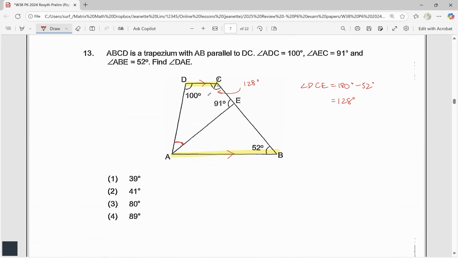Then in a quadrilateral, right, ADCE, in this quadrilateral, angles add up to 360 degrees. So you just need to minus all these three angles and you get this unknown angle of DAE. Okay, so, no calculators, I'm going to add them up first. 100, 128, and 91.